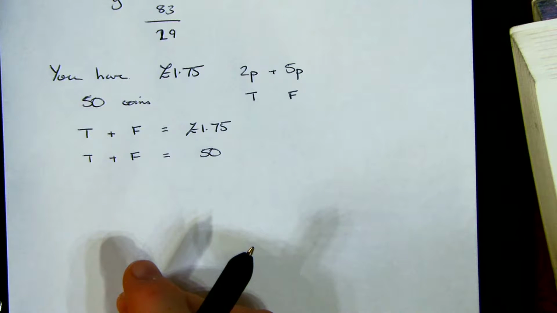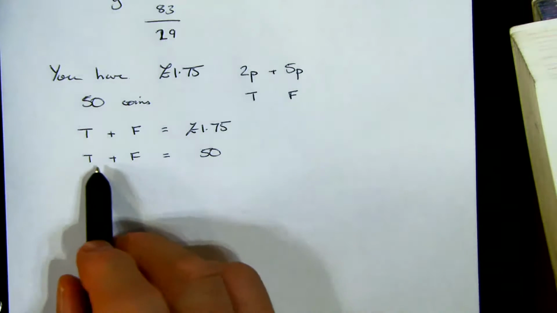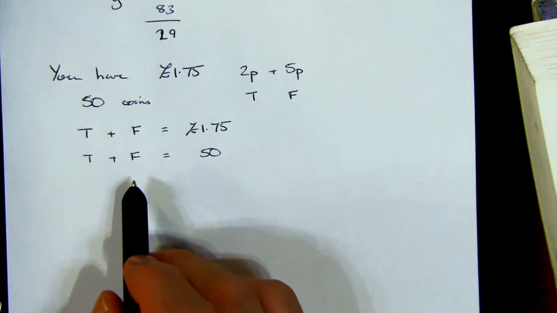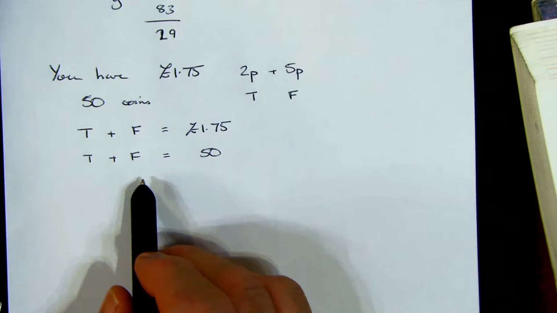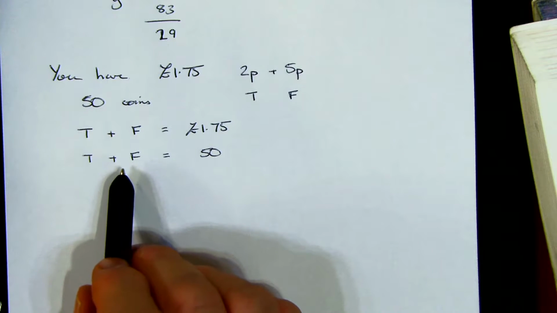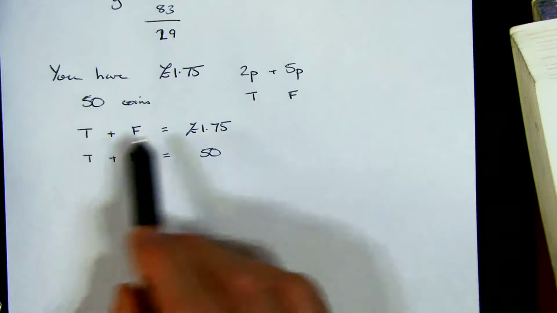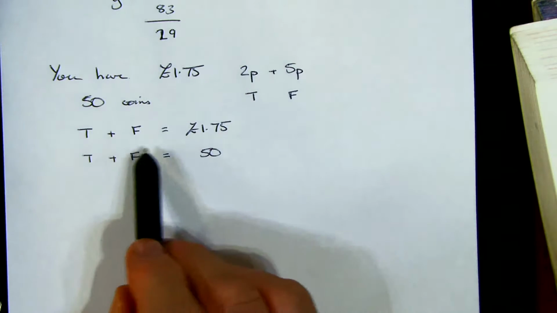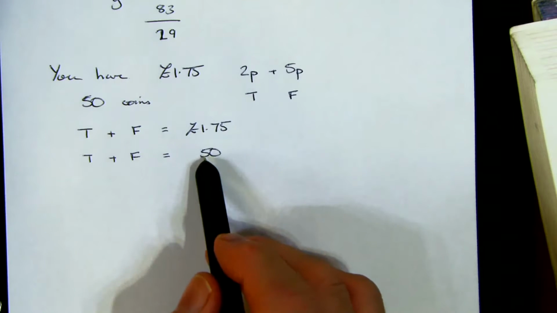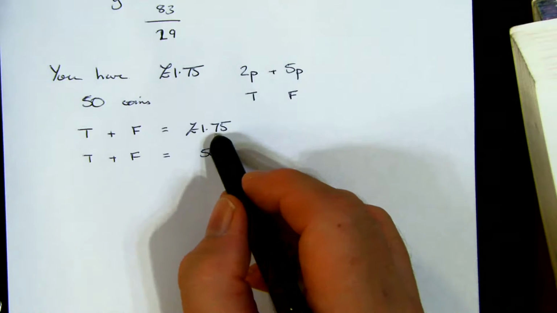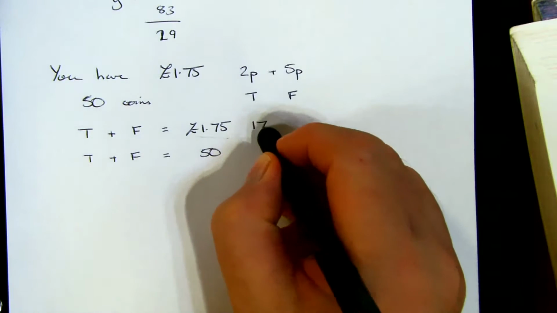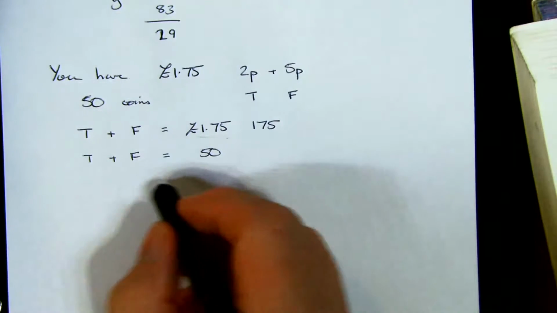Okay. Let's see if I can work out a way of doing this. We've got our 50 coins in my pocket, and we just want to find the number of 2p coins and 5p coins. Well, it's just a sum, so I'm going to leave that as 175p, which is probably a better way of doing this.